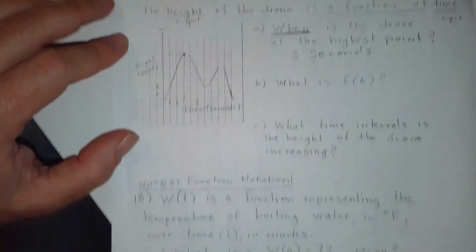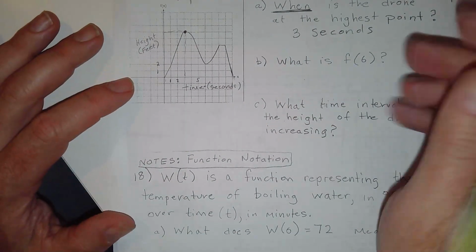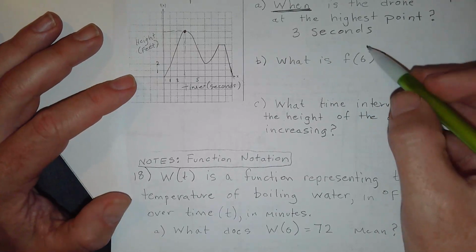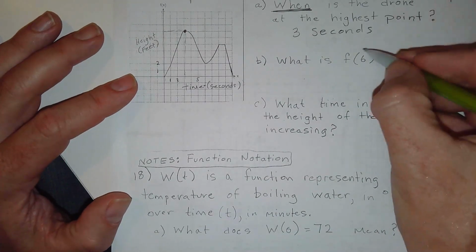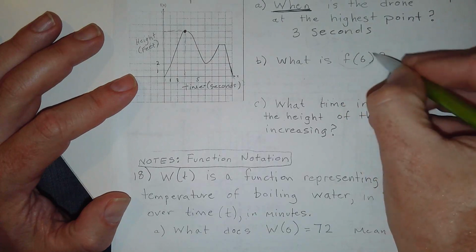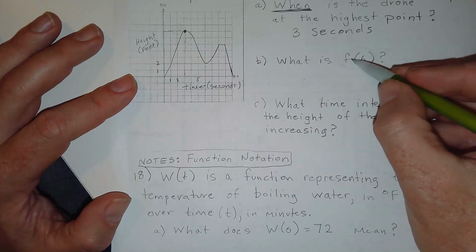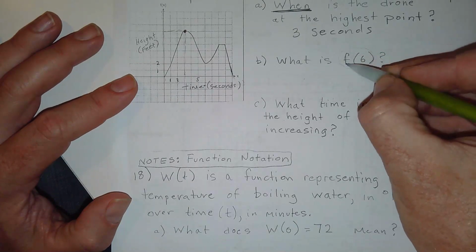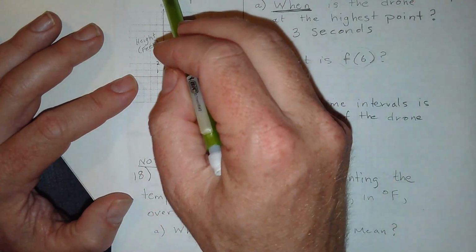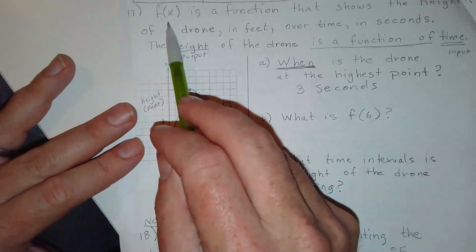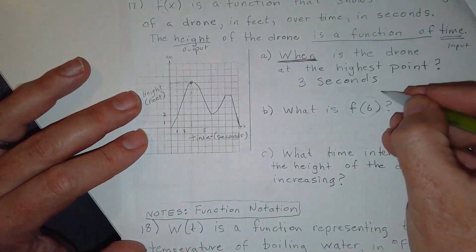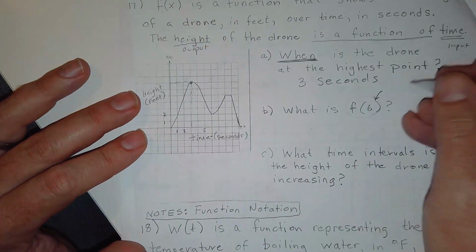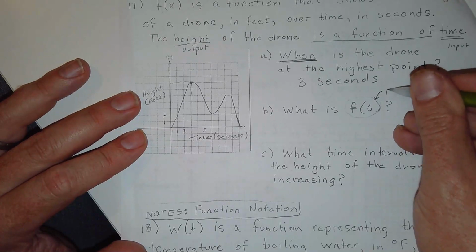Okay. B, what is f of 6? So now we are practicing again with our function notation. Again, when we see this f or some letter with parentheses, we know that f is just the name of the function, which we were told up at the top, f of x. And what's in here is the input.